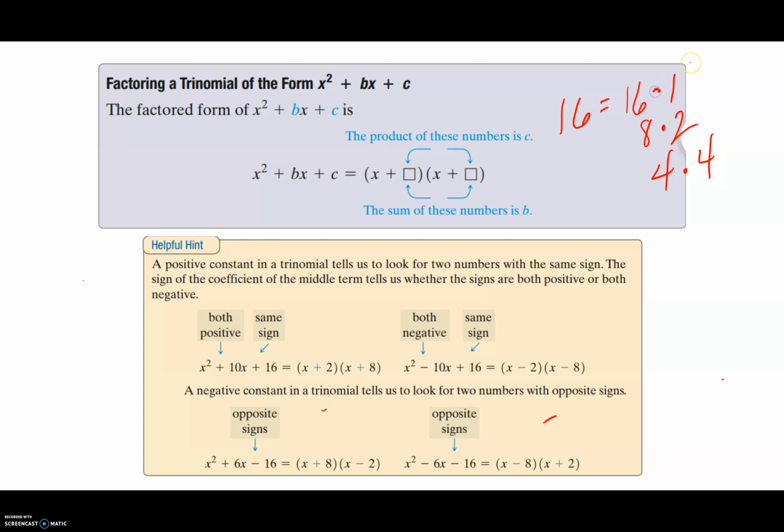Which of these two factors, when you add them, will give you the number in the middle? You can see the factors that worked were 8 times 2, and they use those. That way, it gives you the value of the center one, which is the bx. Sorry about that. So that's the work we worked on in our previous homework.